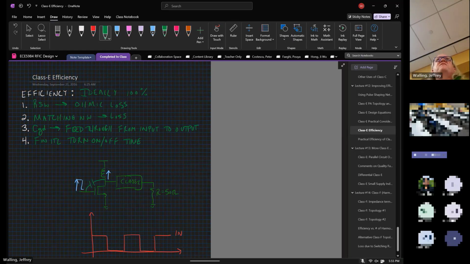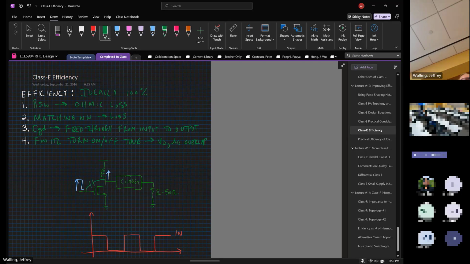If there's any finite slope in those turn on and turn off voltages, then there's going to be some VD and ID overlap, and that means that we're going to dissipate power.